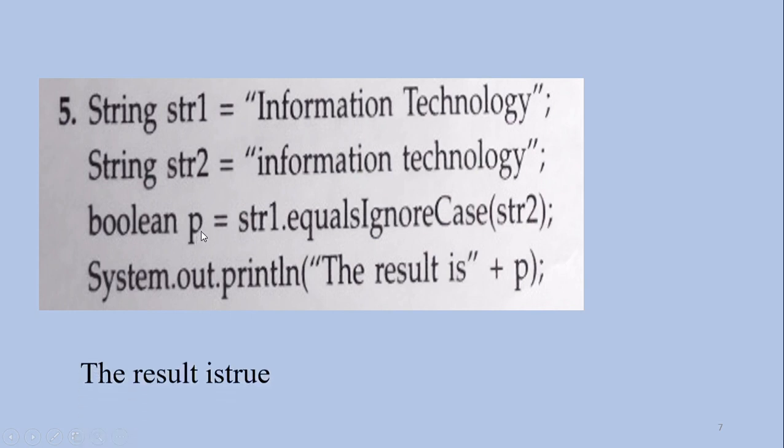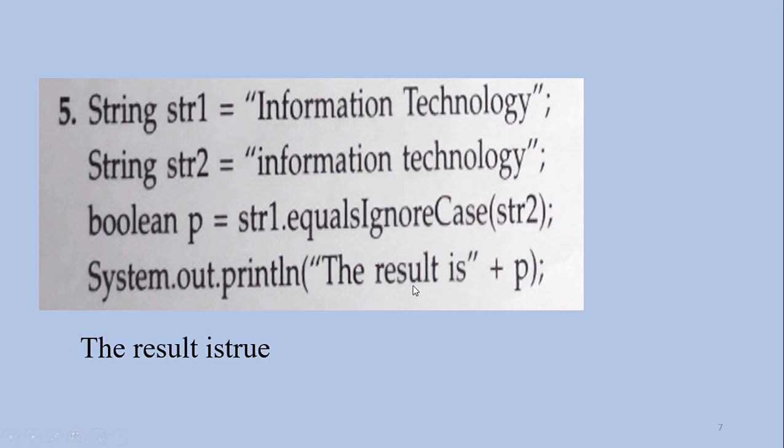Correct? And how is the question? Will you write just true? No. Your answer should be written like this. System.out.println, and they said the result is. So whatever is given in your println statement, you have to write. If you just write true, you will not get the correct mark. Clear?